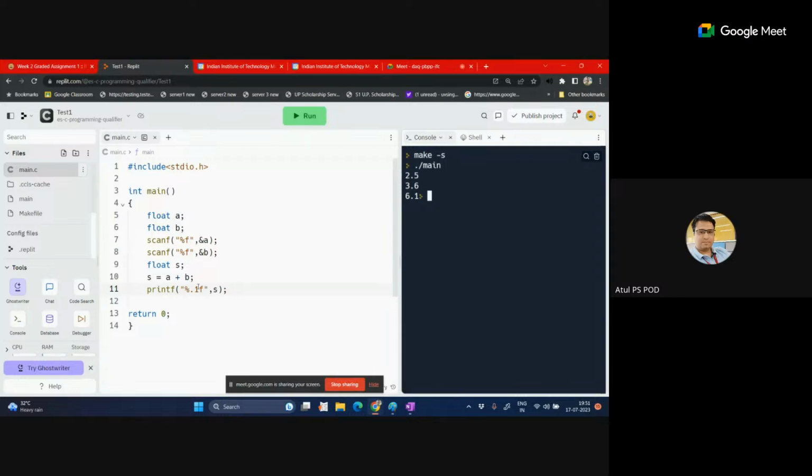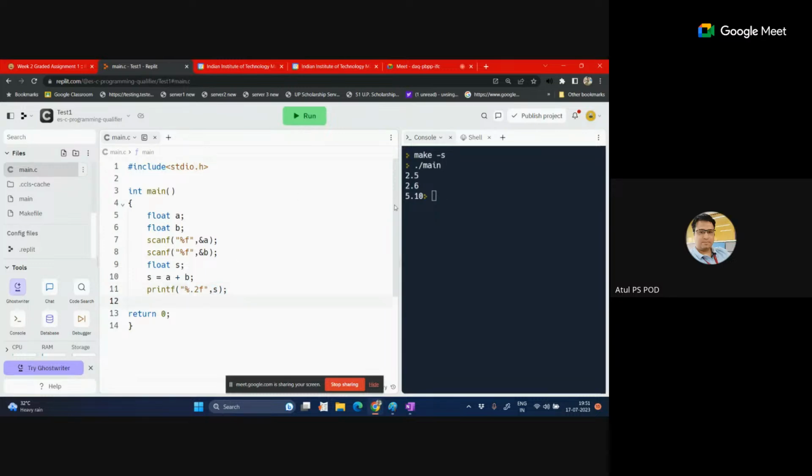If you mention 2, you will get up to 2 decimal points, like 2.5 and 2.6, and you are getting 5.10. So based on that, you can print the output with however many decimal points you require. You can change this specifier value.